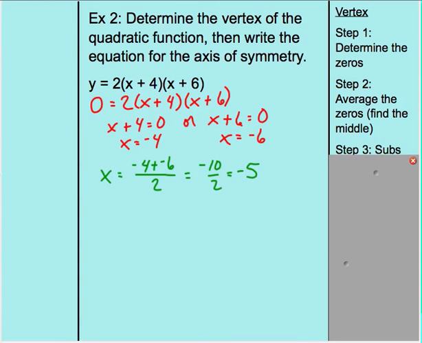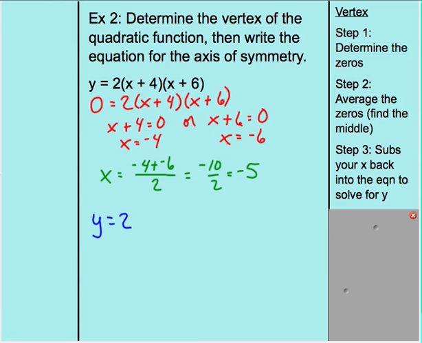To get the y-coordinate of our vertex, we take that value, substitute it back into the original equation. Don't lose that coefficient. We don't need it when we find the zeros, but we do when we're finding our y value. Replace x with negative 5 in both places, and solve for y. So we've got 2, negative 5 plus 4 is negative 1.